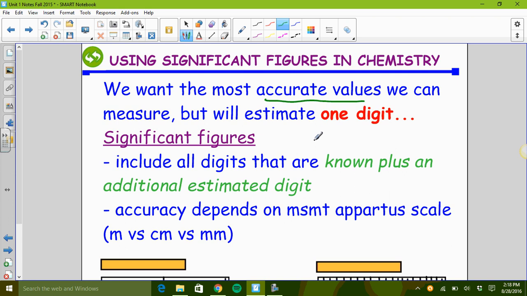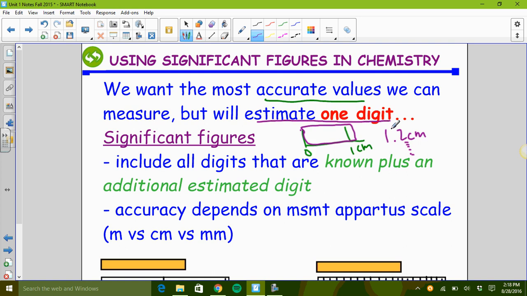So if you're measuring something and the ruler only goes from 0 centimeters to 1 centimeter, and you have a cube and it measures from here all the way over to here, well, you're going to say it's 1 point, and then the wiggle room is, you don't know, maybe it's 1.1, maybe it's 1.2. I'm going to say 1.2 centimeters. But that's it. That 2 is the estimated digit.